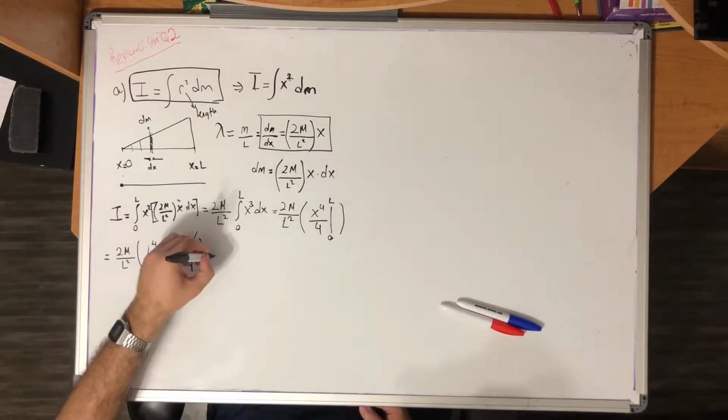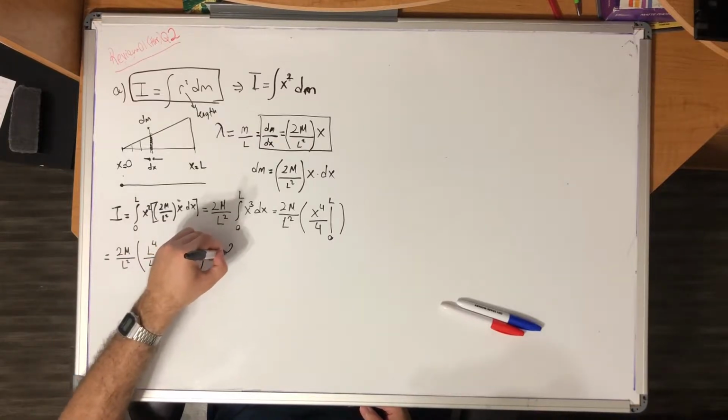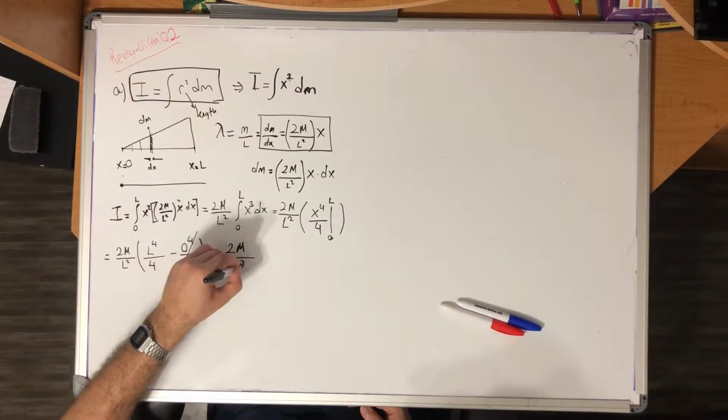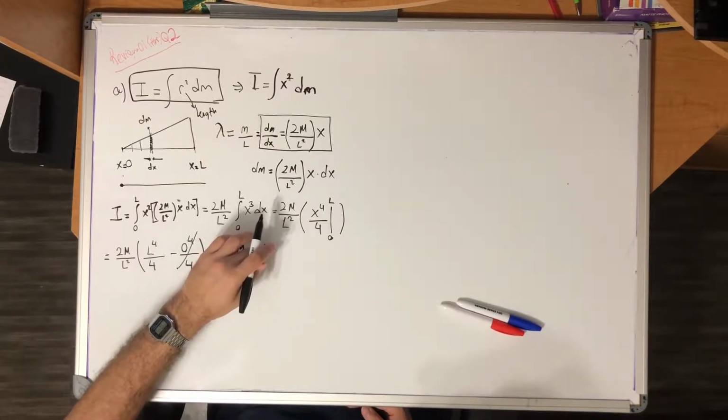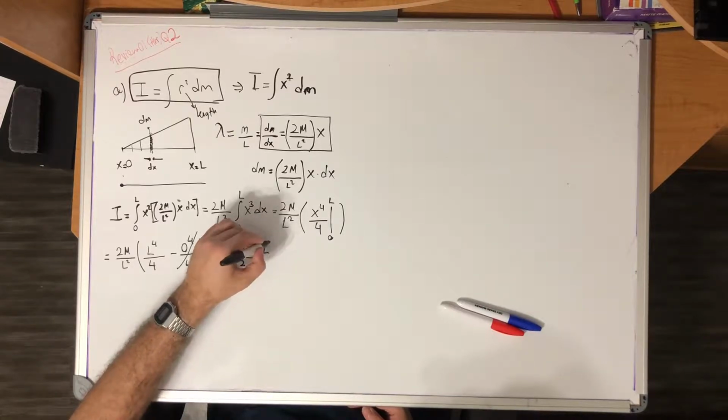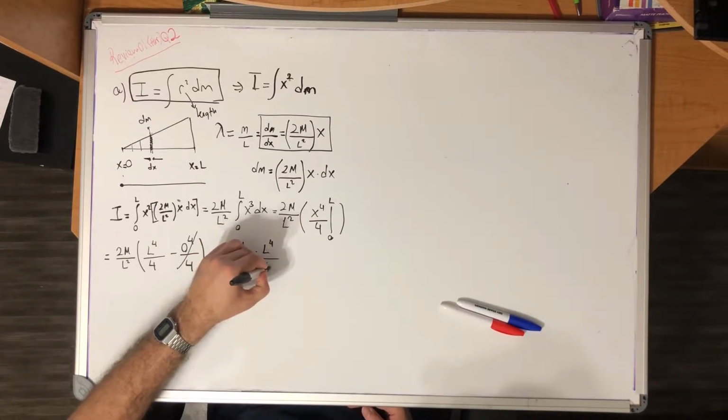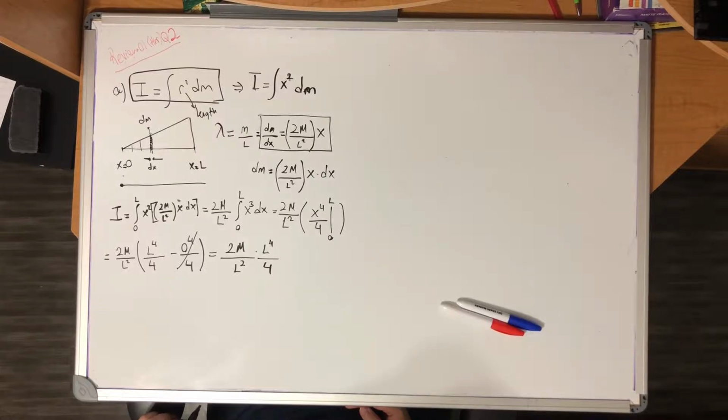So you have nothing over here. My equation is basically 2m over L squared times L to the power of 4 divided by 4. Now all I need to do is cancel out the same values.